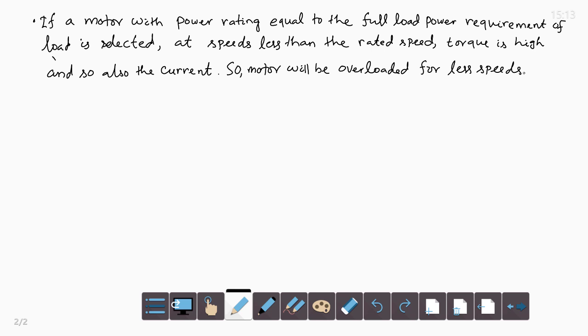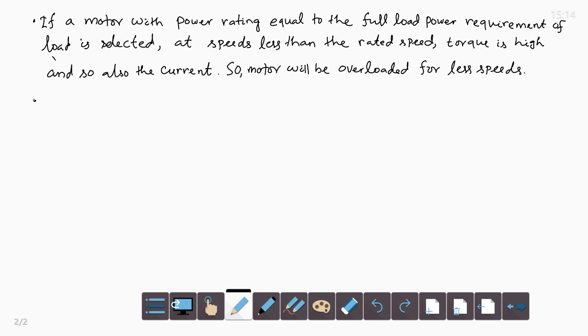This is more predominant, because as the speed decreases, the load torque decreases as speed squared. So, drastic reduction in torque, and for less speeds, large increase in current, so motor will be overloaded.